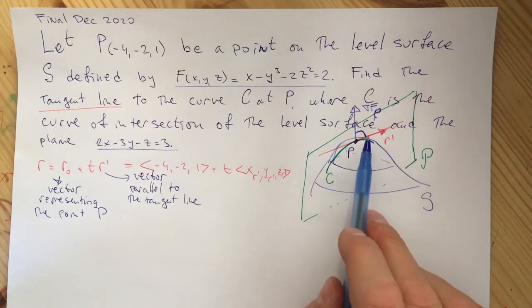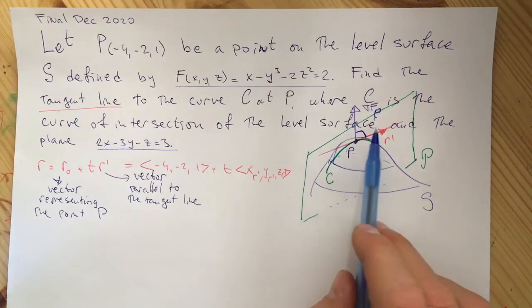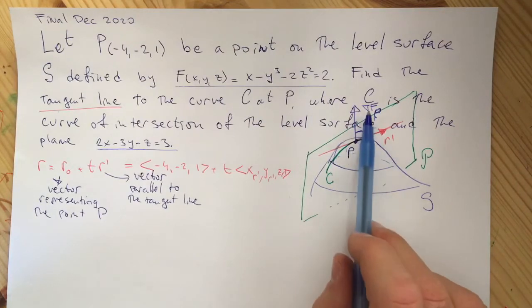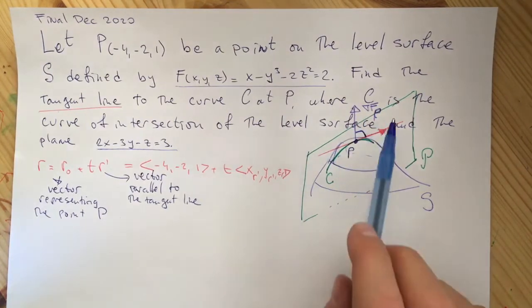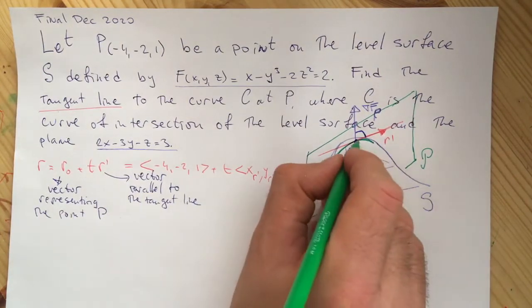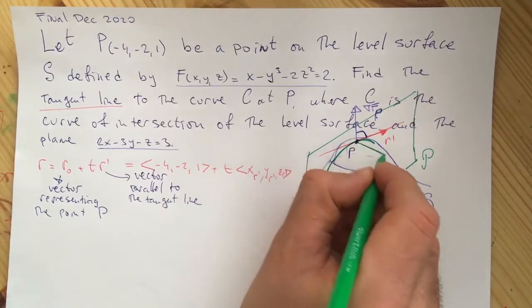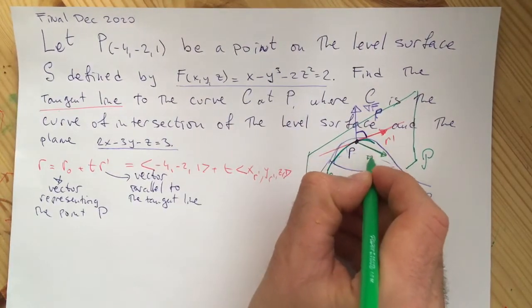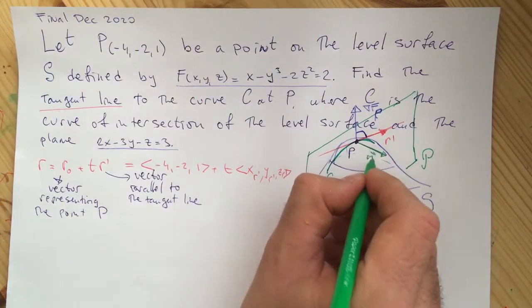But I cannot find r prime just based on the gradient vector. I need another vector. So the normal vector to the plane P, let's call that one the vector n.